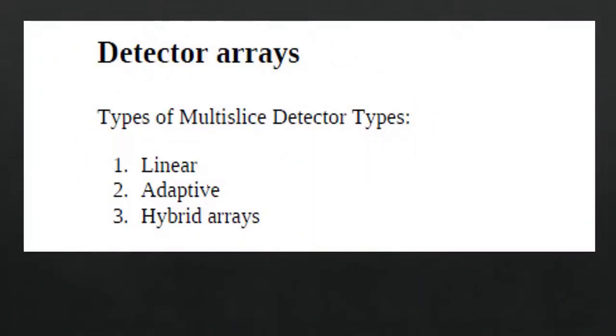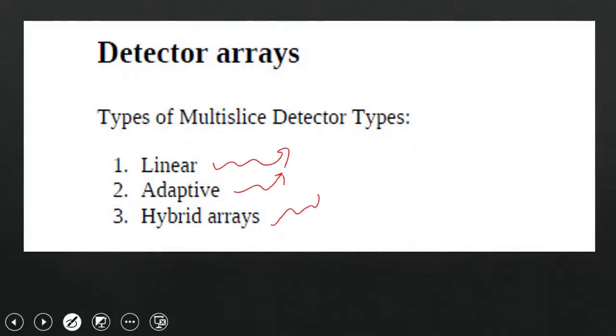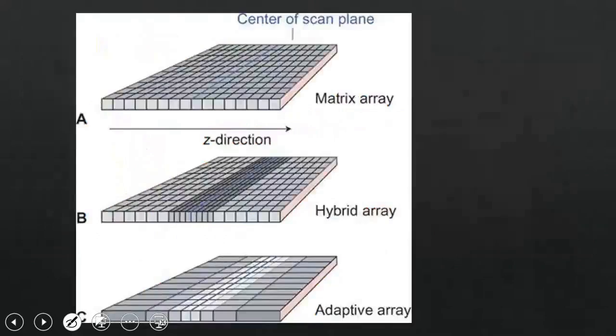It means that in multi-slice detectors, I have types such as linear detector, adaptive, and hybrid array. These 3 types, what is linear, what is adaptive, and what is hybrid array, let's take it step by step. The linear detector is the shape of the rows of detectors, and this is row 2 and 3 and so on. You talk about the Z direction concerning the patient lying down.